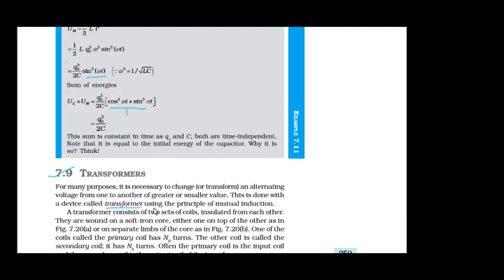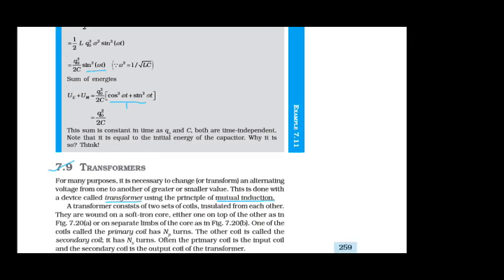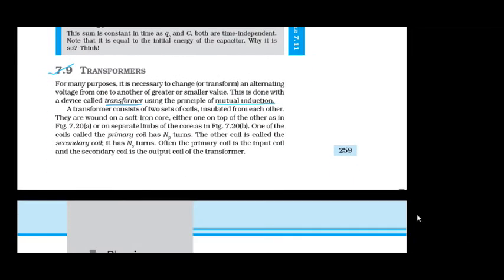So what does a transformer do? It transforms or changes the voltage from one value to another, or greater to smaller. The transformer works on the principle of mutual induction.